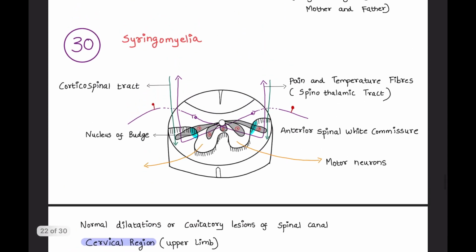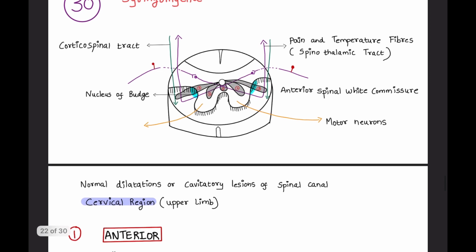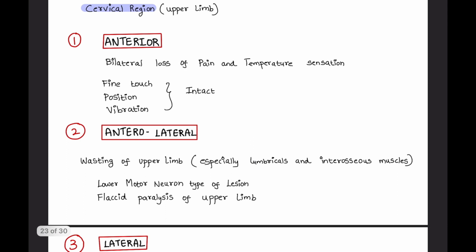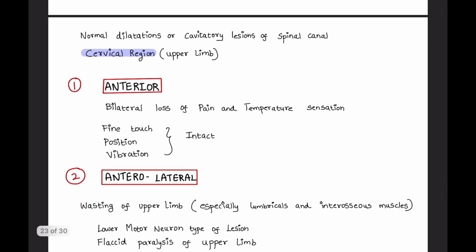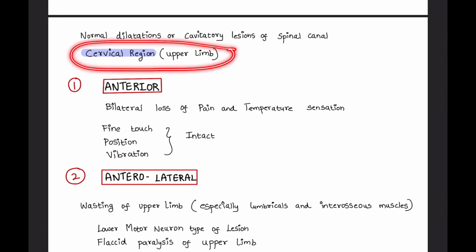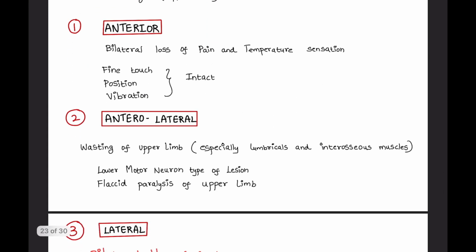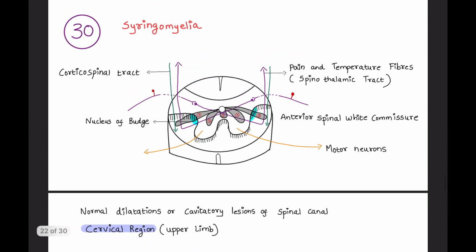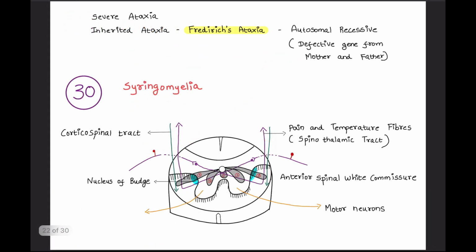If the dilatations move to the anterolateral side, then there will be wasting of the upper limb, since Syringomyelia commonly involves the cervical region and dominates the upper limbs. Why is there wasting of upper limbs, especially the lumbricals and interosseous muscles? It is because the dilatations move anterolateral, so the lower motor nerve fibers are also affected.